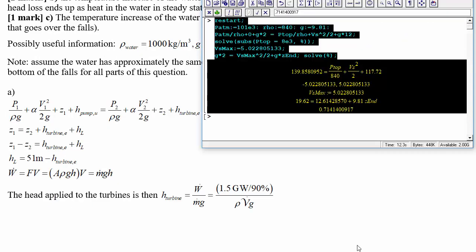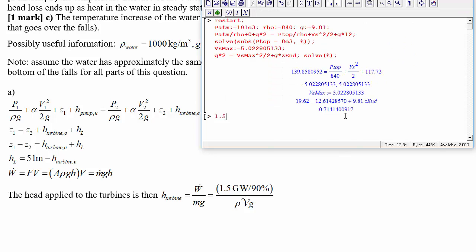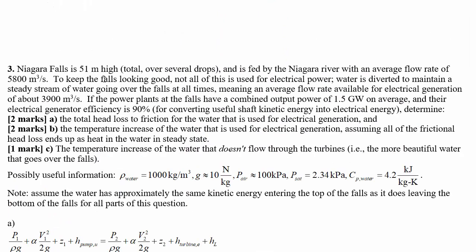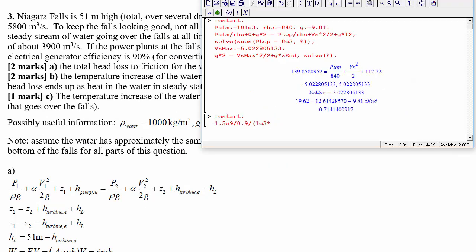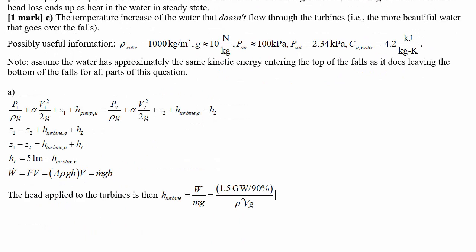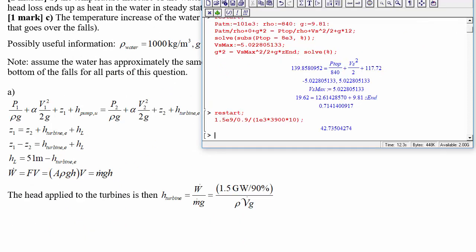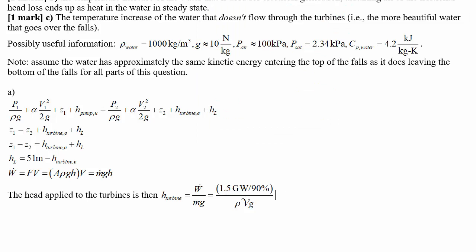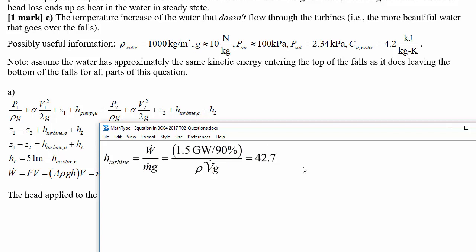Okay, so we'll get our calculator out here, and we've got 1.5E9 divided by 0.9, and then we're going to divide that by 1E3 times volumetric flow rate, 3,900. And then multiply that by 10. So we have 42.7. Oops. Let's try that again. 42.7 meters.